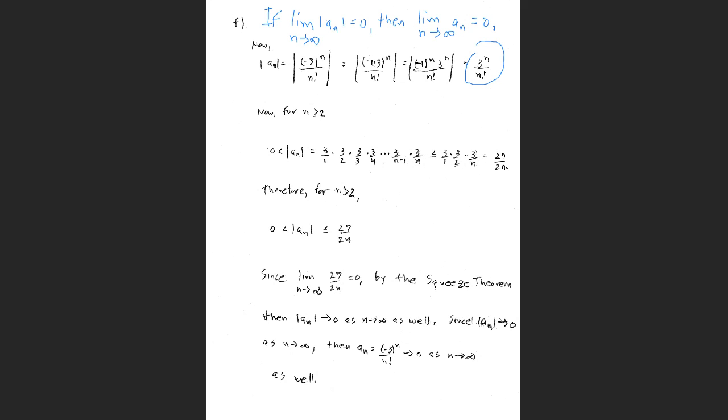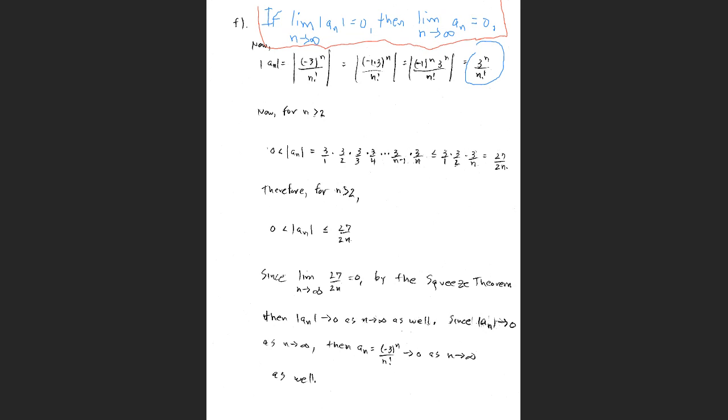I think that makes pretty good sense, right? If you have a sequence that's alternating, positive, negative, positive, negative, but the terms get smaller and smaller over time, that sequence is going to approach a limit of 0.